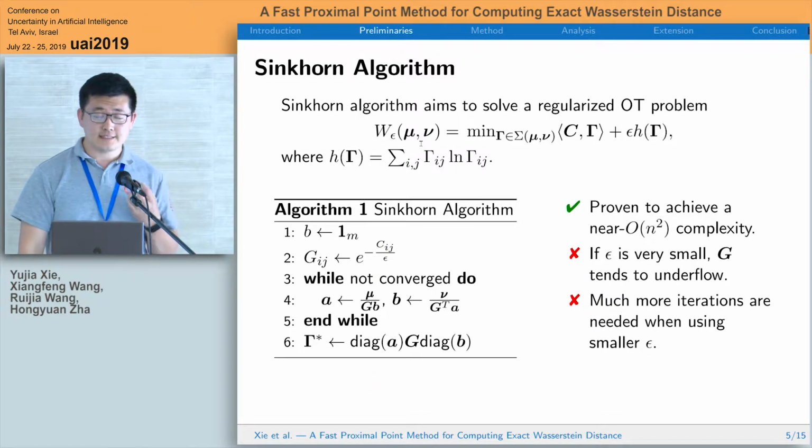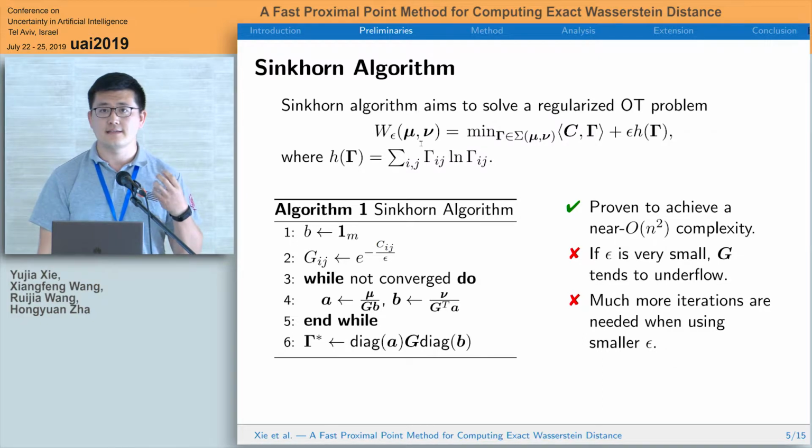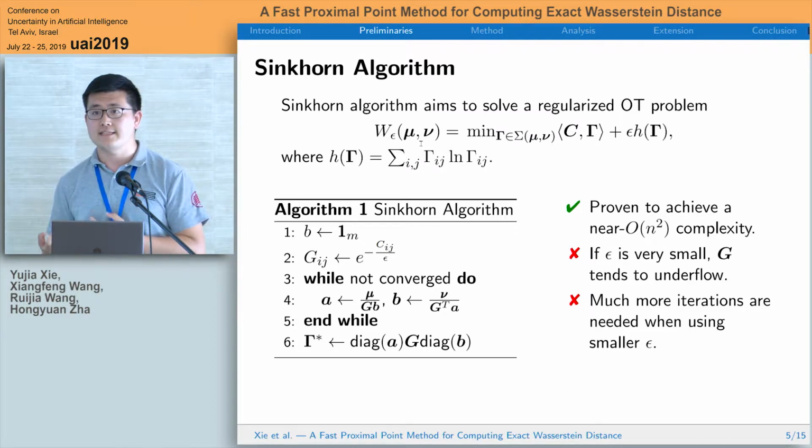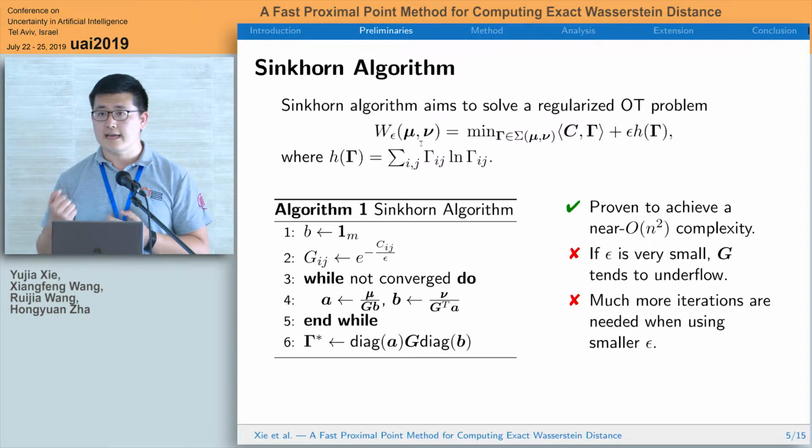In detail, let us discuss the Sinkhorn algorithm and why it is popularly used to compute the optimal transport problem. Usually, the Sinkhorn algorithm aims to solve a regularized optimal transport problem, not the original one. We add some entropy regularization on the transport plan gamma, and get a perturbed linear programming problem.